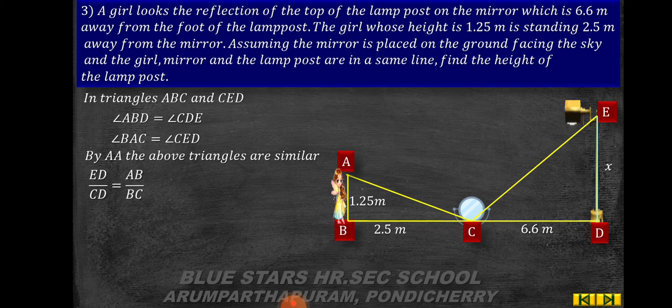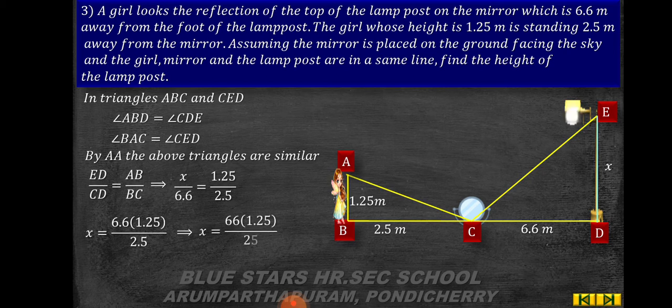So ED by CD is equal to AB by BC, which implies x by 6.6 is equal to 1.25 by 2.5. x is equal to 6.6 into 1.25 by 2.5.